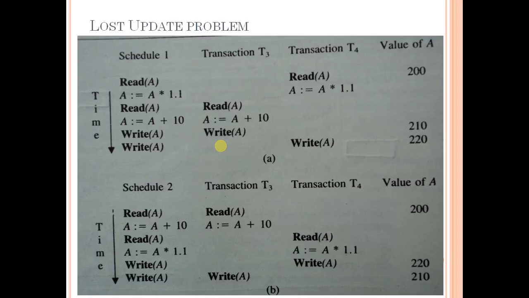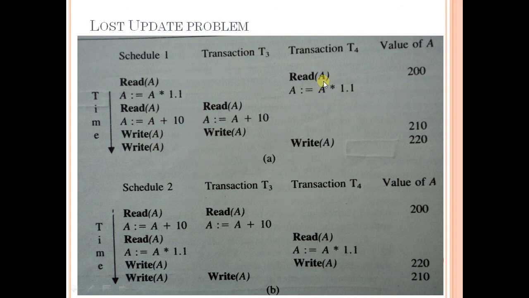But you will see that if they are executed in this way, please don't be confused. This is the first example, and this is another example. Very simple. You see, it was executed in this way. The first two instructions belong to T4, the next three belong to T3. Now see what happens.